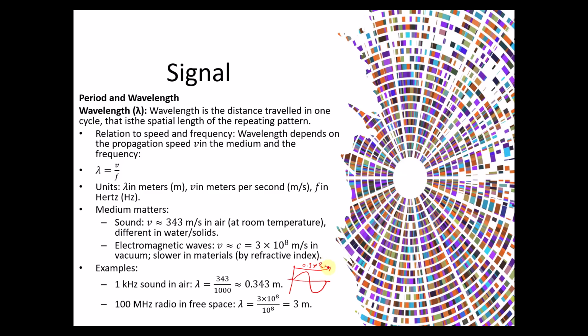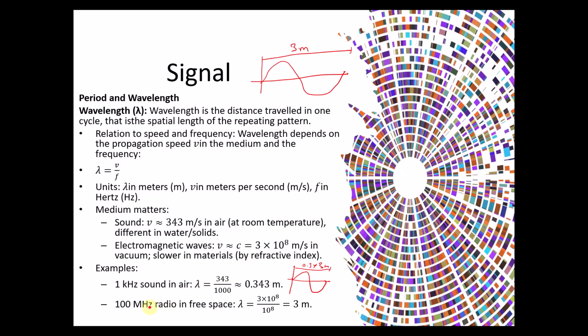And then with this 100 megahertz radio frequency, the wavelength is much longer. It's 3 meters. So from here to here is 3 meters. So this is what we mean by the wavelength. The length of 1 full cycle of a signal is what we call the wavelength.